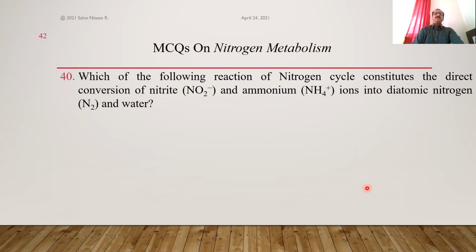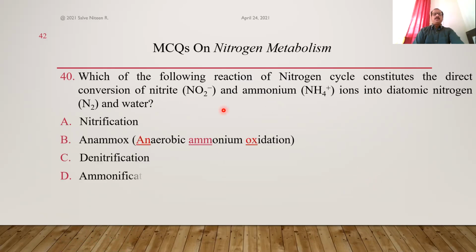Which of the following reactions of the nitrogen cycle constitutes the direct conversion of nitrite and ammonium into diatomic nitrogen and water? We have studied that ammonia is oxidized to nitrite and then nitrate, and that is an aerobic condition.